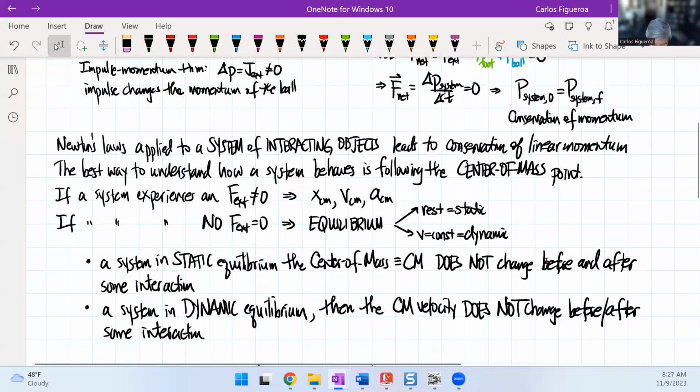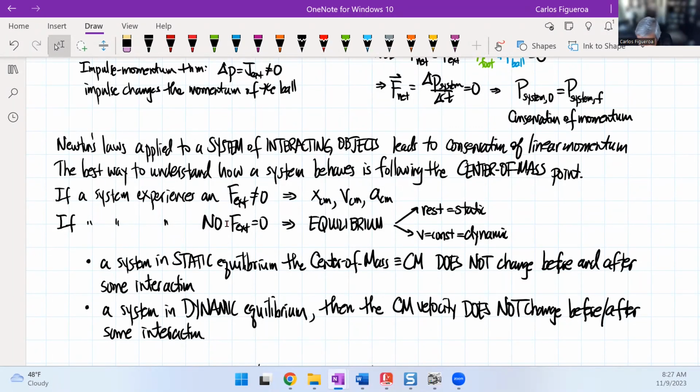So now when I look at interacting systems, if I have a net force that is 0, I could either have a system that is accelerating or a system that's in equilibrium. When we focus on momentum, we think of a system in equilibrium.